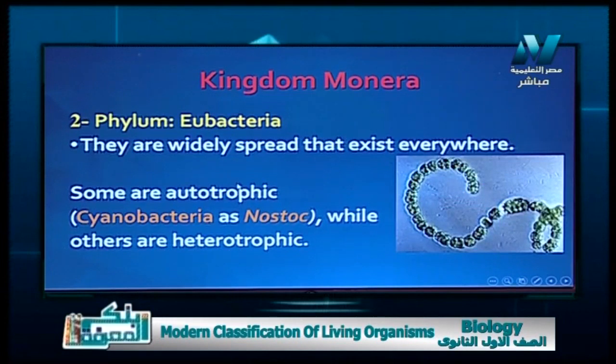Let's start with the eubacteria and the autotrophic ones. As we said, this type of bacteria is widely spread and exists everywhere. Everywhere means in water, in sand, in air, and some of them can live on living organisms' bodies or inside them.